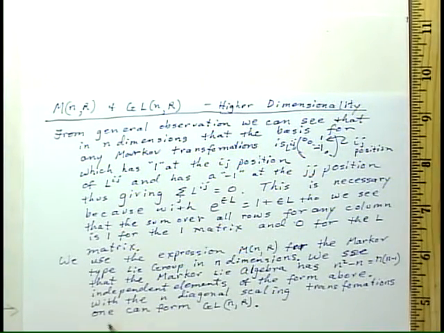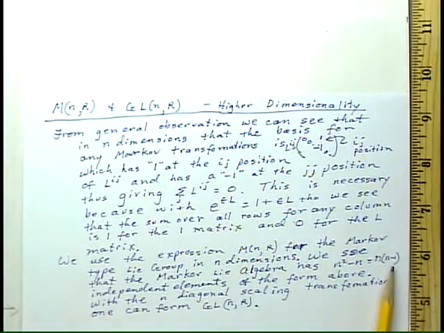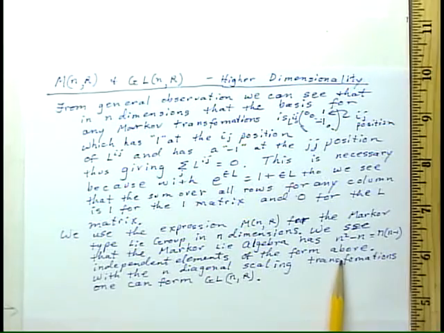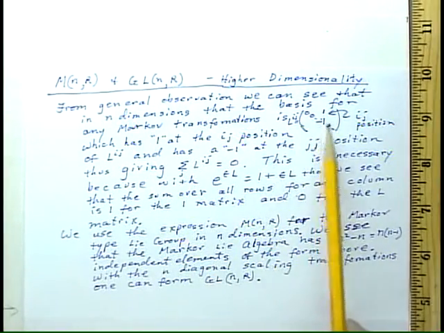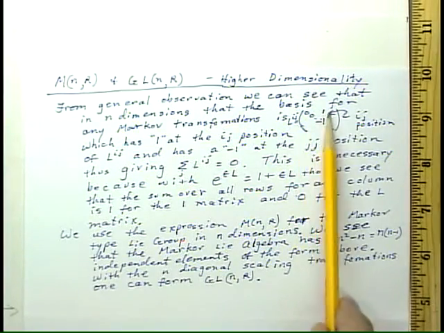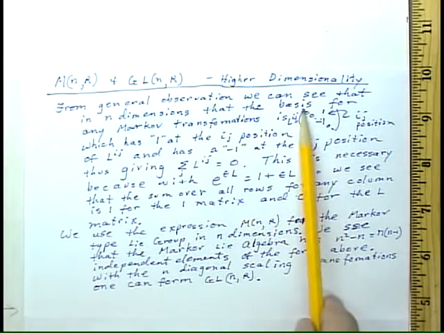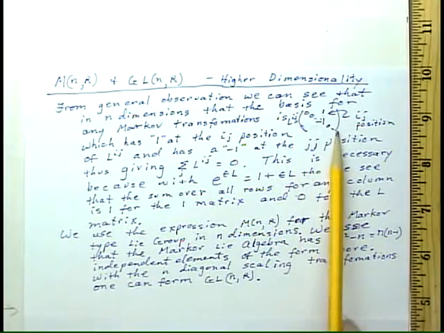Now, we can use the expression, and we will, Markov group in n dimensions over the reals for the Markov type Lie group in n dimensions. We will see that the Markov Lie algebra has n squared minus n, or n times n minus 1, independent elements of the form given above. Why is that? That's because we can put a 1 independently at any one of the off-diagonal positions. Now, the total number of positions of an n by n matrix is n times n, or n squared.